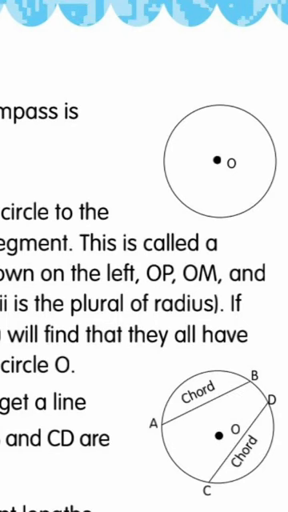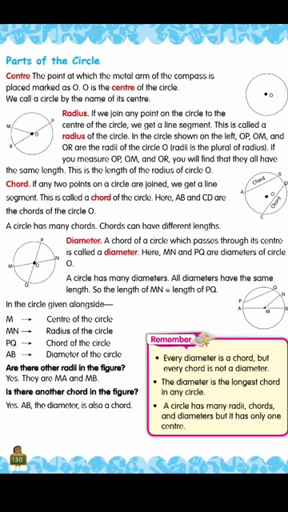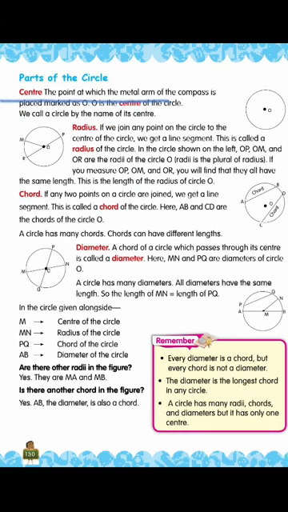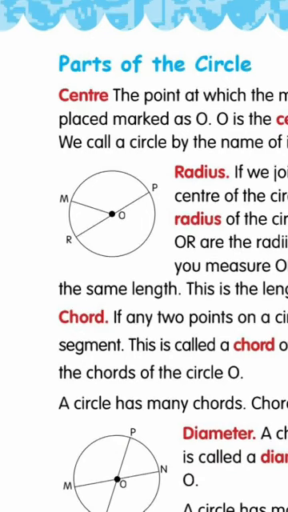Here O is the center of the circle. We call a circle by the name of its center. For example, here also O is the center of the circle.